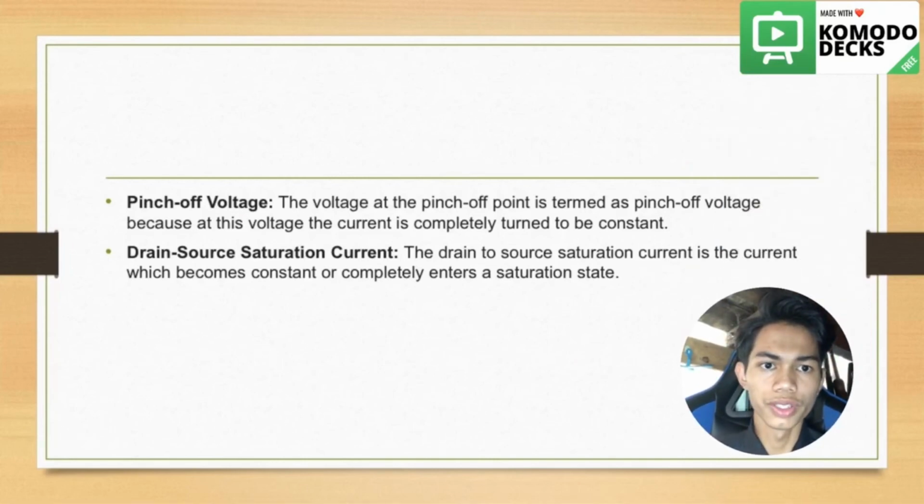Pinch off voltage: the voltage at the pinch off point is termed the pinch off voltage because at this voltage the current is completely constant. Drain source saturation current: the drain to source saturation current is the current which becomes constant or completely enters a saturation state.